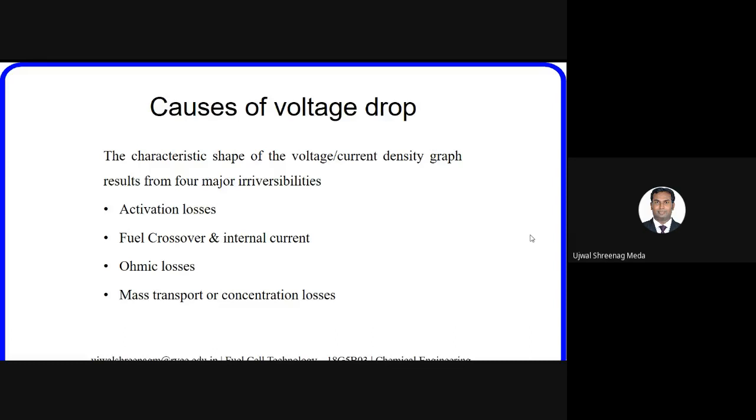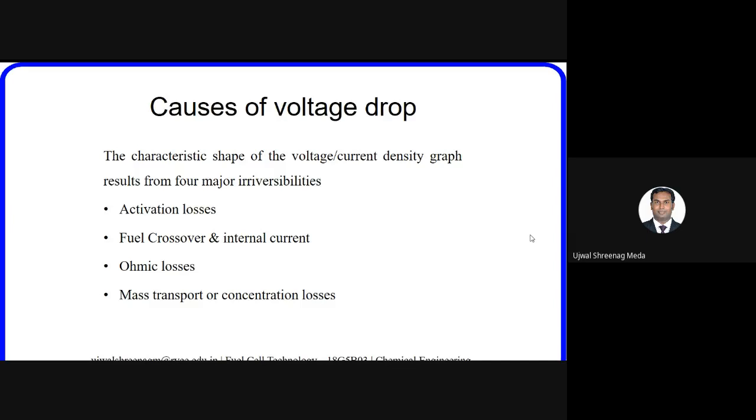That is also considered as a loss. Until and unless the flow of electrons takes place through the external circuit, we cannot make use of it as current. So because of diffusion of fuel from anode through the electrolyte to cathode, as well as flow of electrons through the electrolyte, there is no useful current. Hence, both of these are considered as a loss.